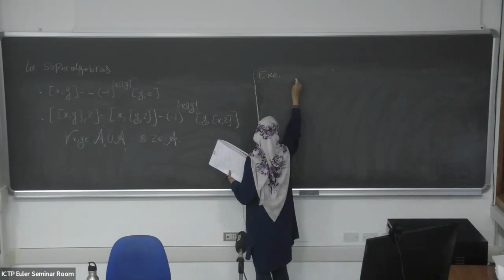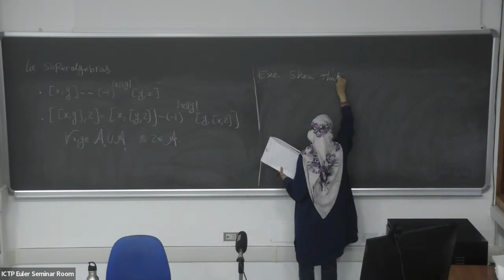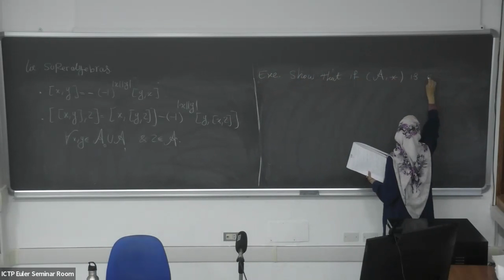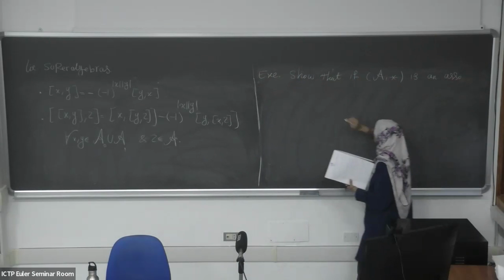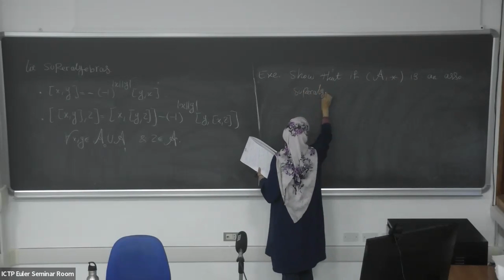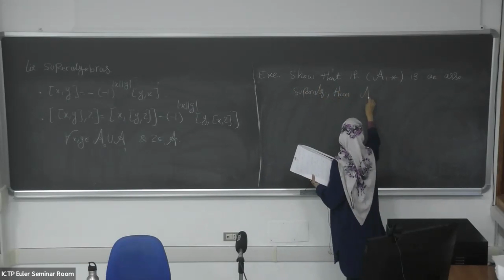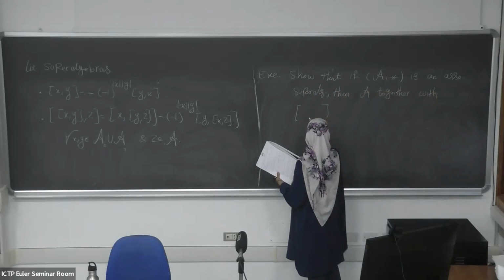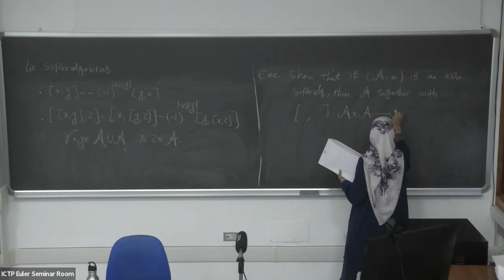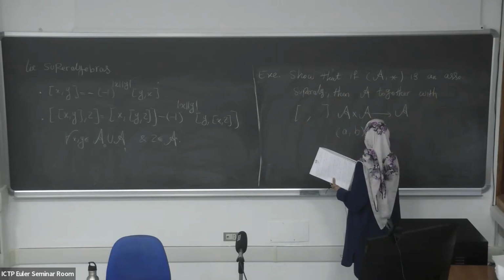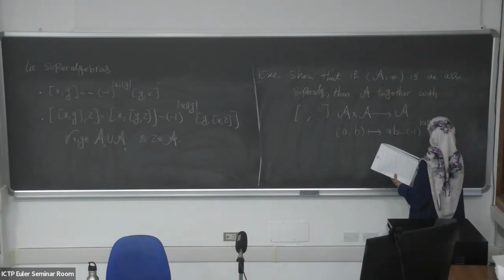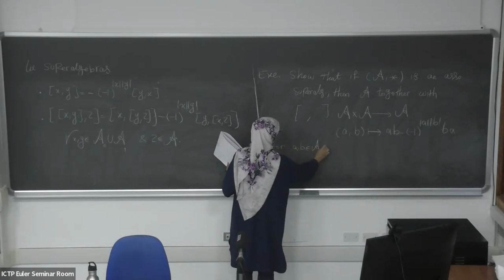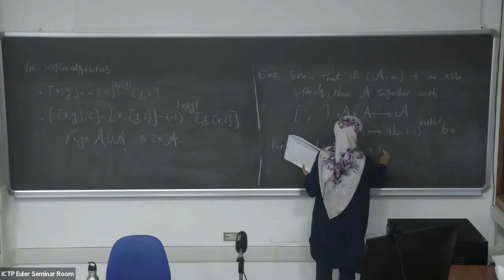And the exercise: show that if A with star is an associative superalgebra, then A together with the bracket from A times A to A, mapping (a, b) to a*b - (-1)^{deg a deg b} b*a, for a, b in A_0 union A_1, is a Lie superalgebra.